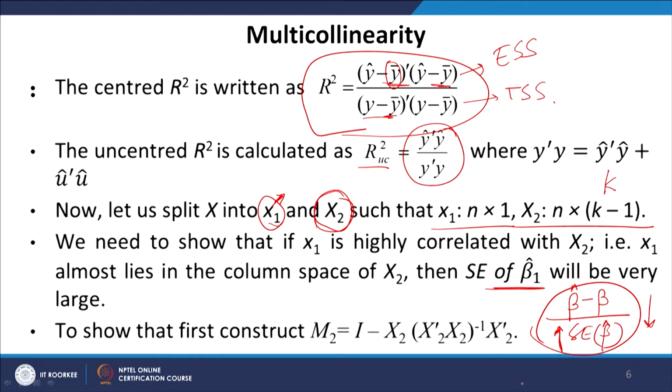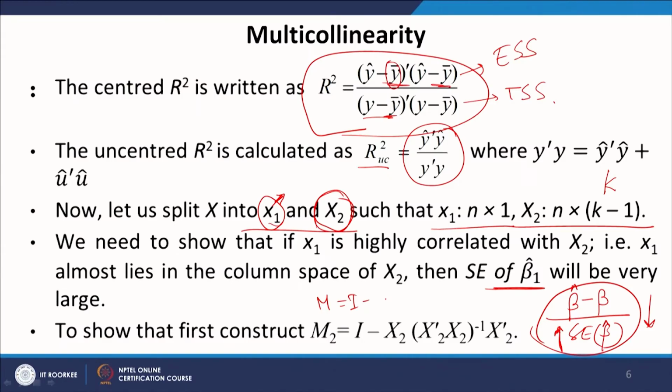Now, to show why the presence of high correlation between x1 and the other variables contained in x2 causes the problem of multicollinearity, we will first reconsider the projection matrices that I had discussed in the previous module.